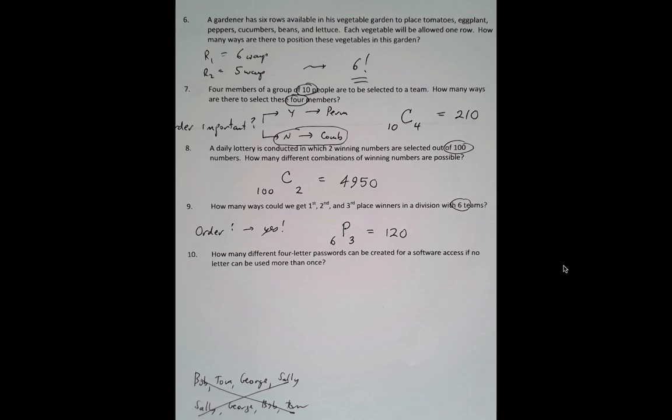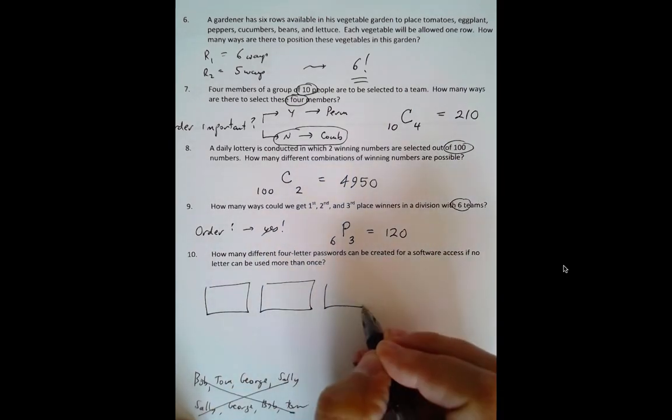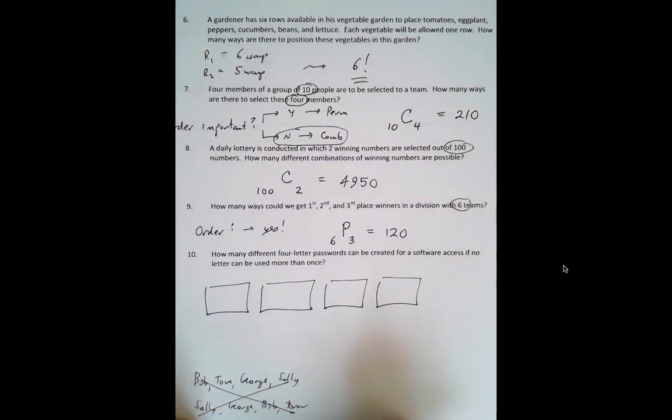Finally, number 10, how many different 4-letter passwords can be created for software access if no letter can be used more than once? So we have a 4-letter password: the first letter, second letter, third letter, fourth letter. Does order matter?